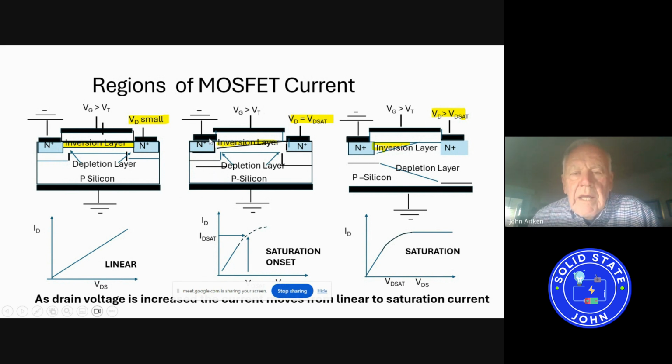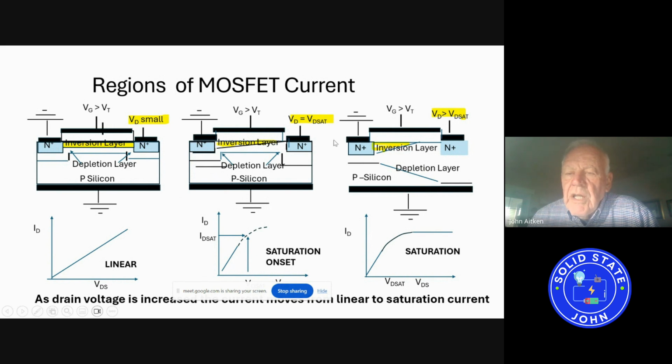When larger drain voltages are applied, again, as long as the gate voltage is greater than the threshold voltage, an inversion channel will form. But in this case, the drain voltage will decrease the surface field that is formed in the inversion layer, and the inversion layer will narrow as it approaches the drain.